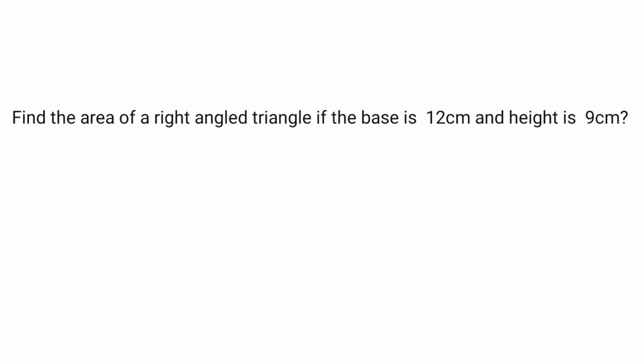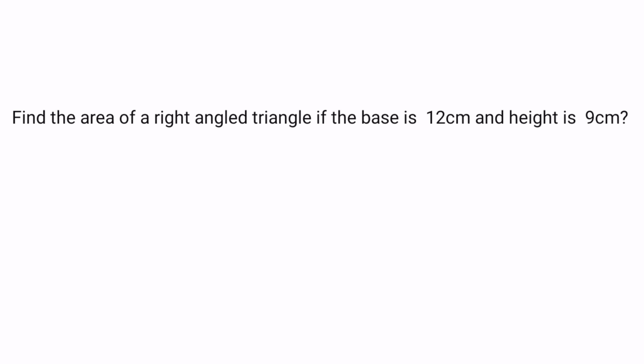Second question. Find the area of a right angled triangle if the base is 12 cm and the height is 9 cm. In this question, base is given as 12 cm and the height is given as 9 cm. And we are asked to find out the area of right angled triangle.